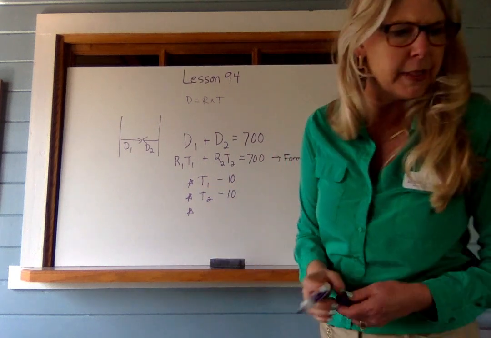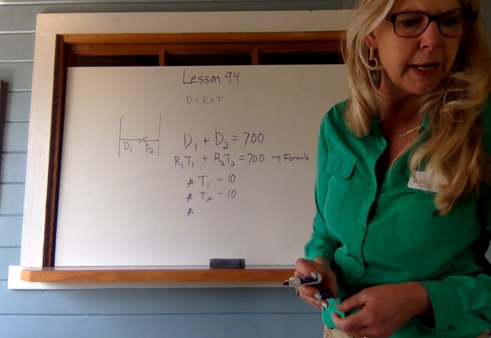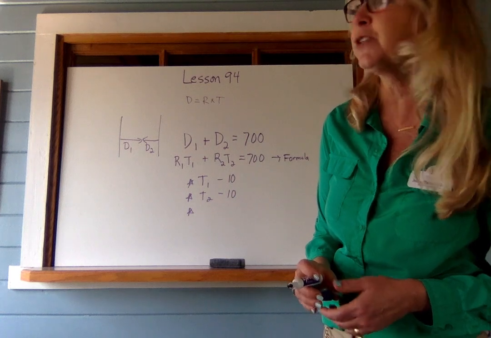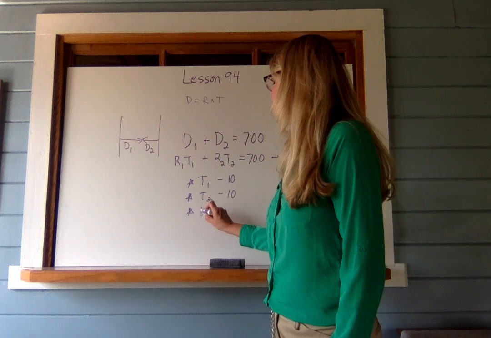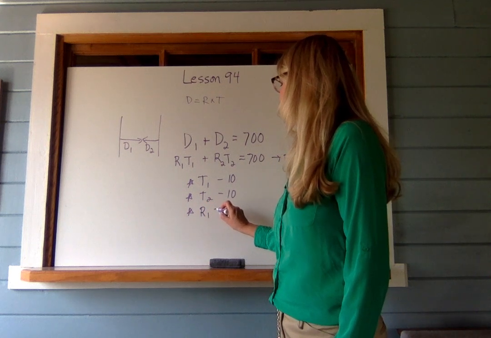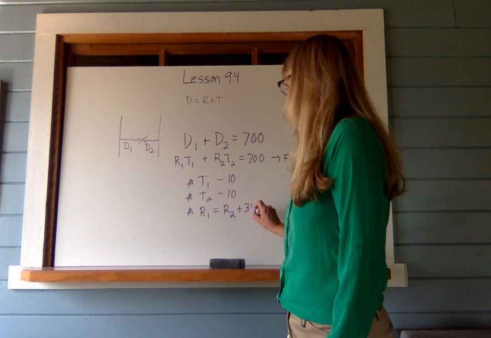Also, this is number 1 on page 393, it said that one traveled 30 miles per hour faster than the other. So that means the rate of 1 equals rate of 2 plus 30.